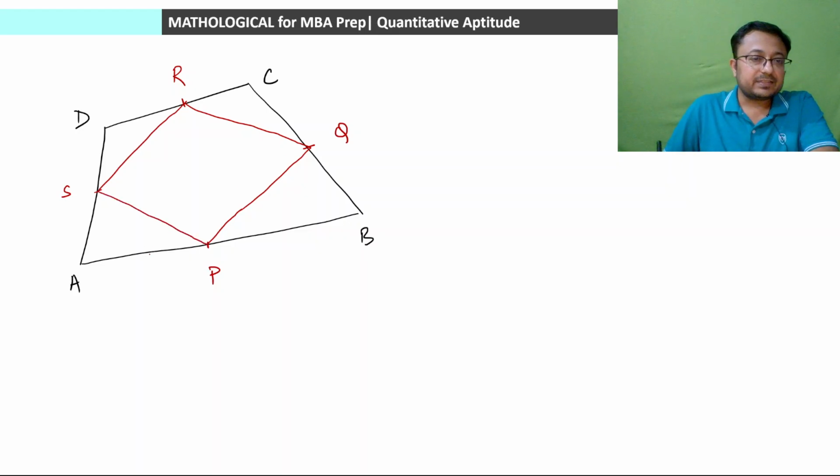If these are midpoints, यानी कि AP is equal to PB, BQ is equal to QC, RC is equal to DR and DS is equal to SA. If PQRS are midpoints, in that case PQRS will be a parallelogram.